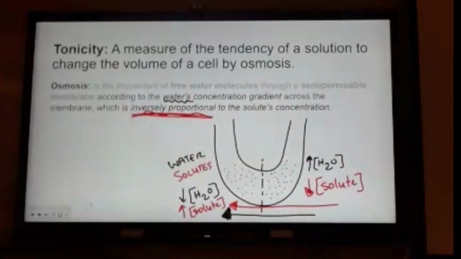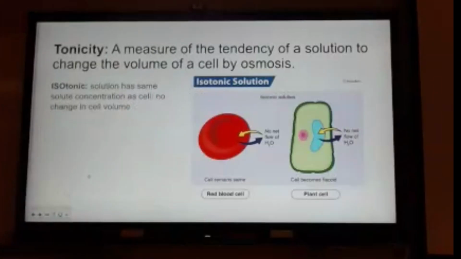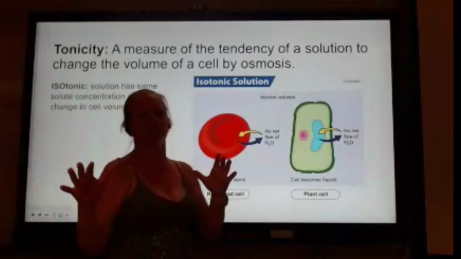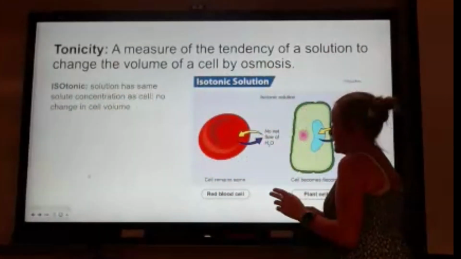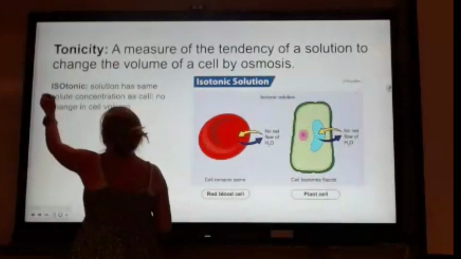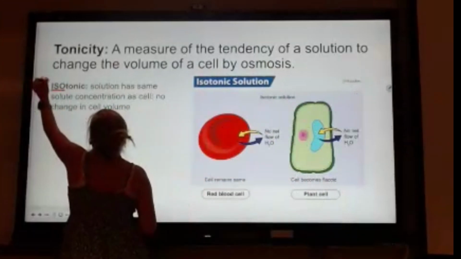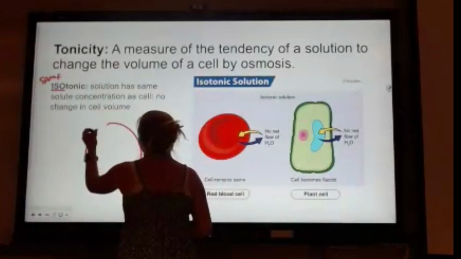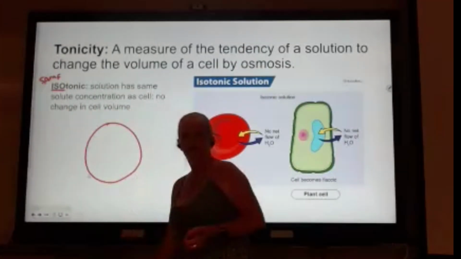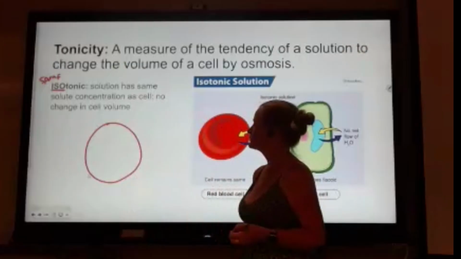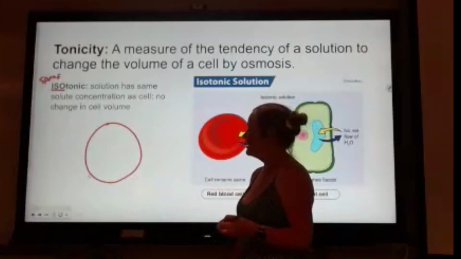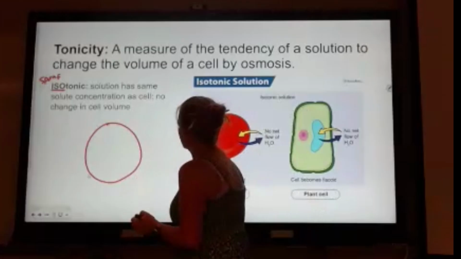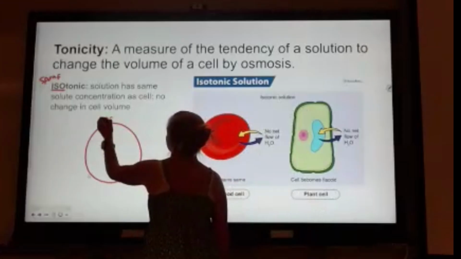All right. So let's stop talking about osmosis and start talking about tonicity. We like isotonic because this is the easy one. Iso, we remember, means same. So here's our cell. This is where I need more colors. I don't have them, we'll have to deal with it.